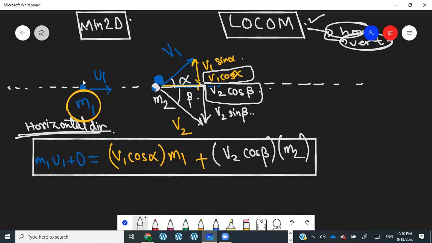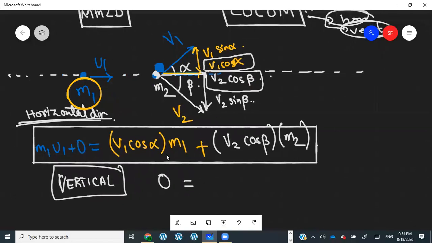No. So now we are dealing with the vertical motion. Since there was no momentum in the vertical direction, the initial momentum in the vertical direction was 0. Now, what's the final momentum in the vertical direction?